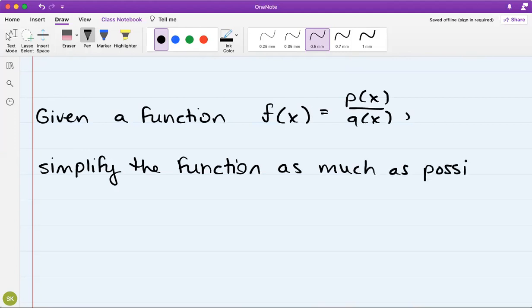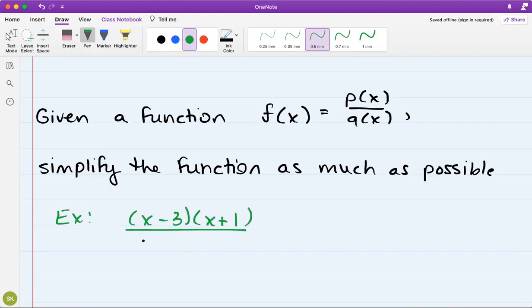And what I mean by that is, if you can factor the top and the bottom, factor it. And if they have a common factor, so for example, let's say you have x minus 3 times x plus 1 over x plus 1 times x minus 4. Let's say you had two functions, top function and the bottom function, and you factor them and you got this. What you want to do is you want to get rid of any common factors, just like that.